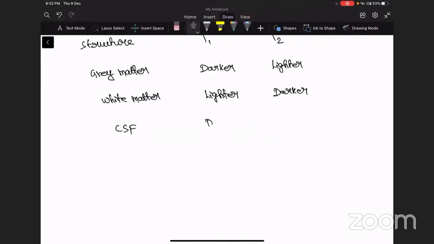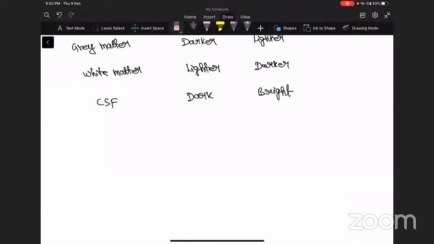CSF dark in T1, bright in T2. Fat is going to appear white in color, less white in T2.